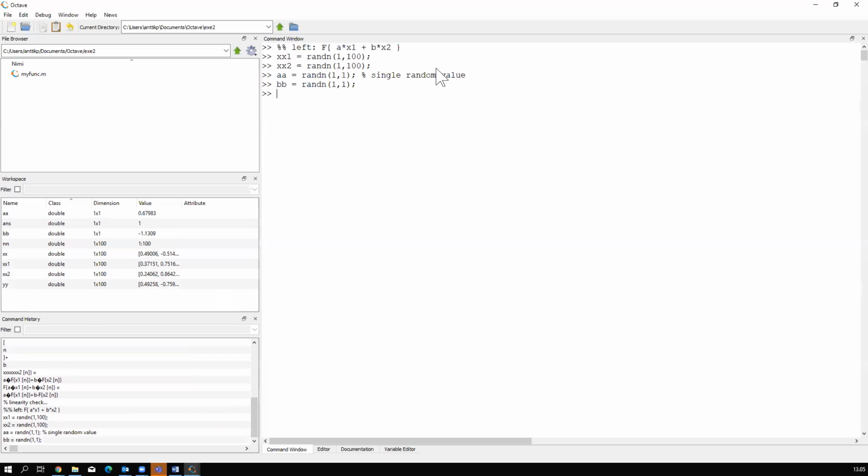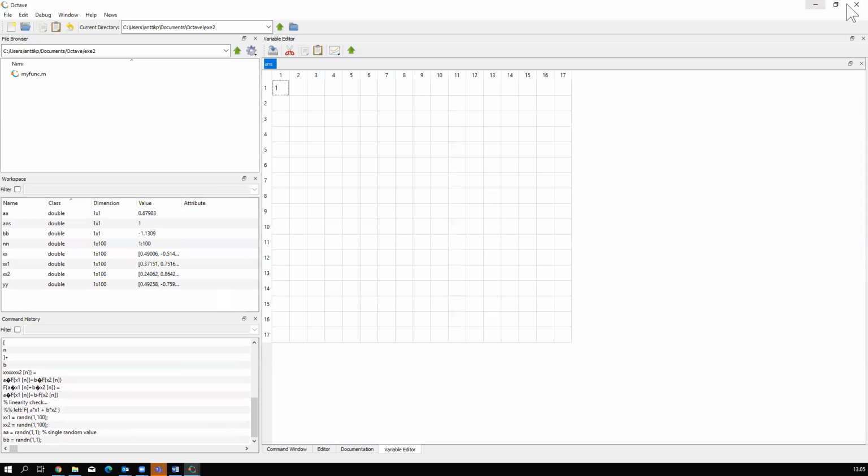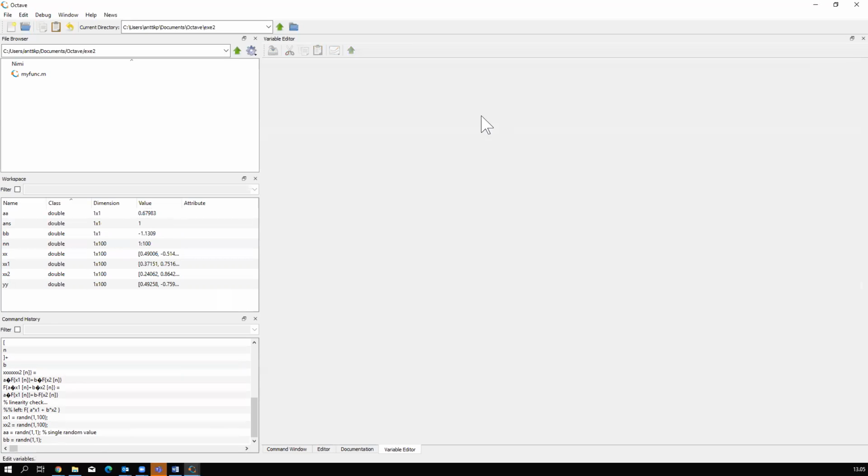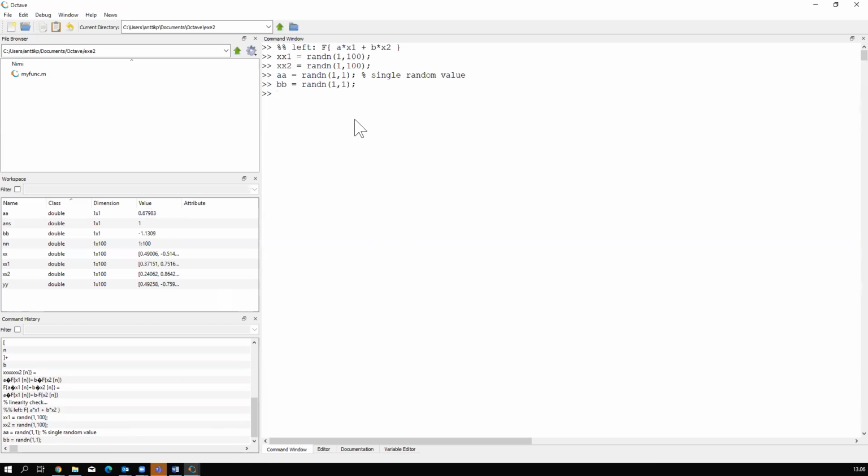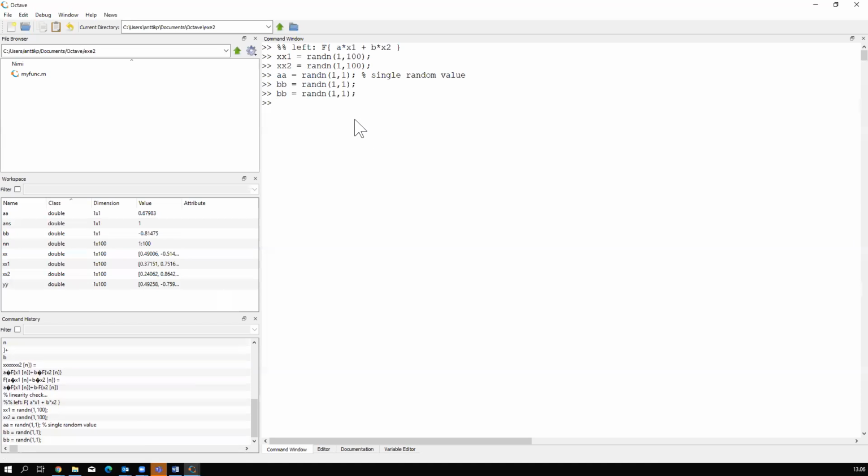Again, random number. And those are different random numbers, I think. Yeah. Wow. Is that exactly one? That's strange. Let me try to get some other random number so it looks more random. AA. Yeah, now AA and BB are different random numbers.